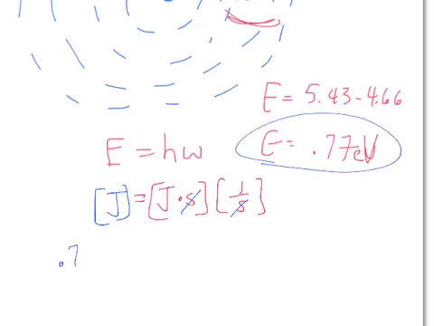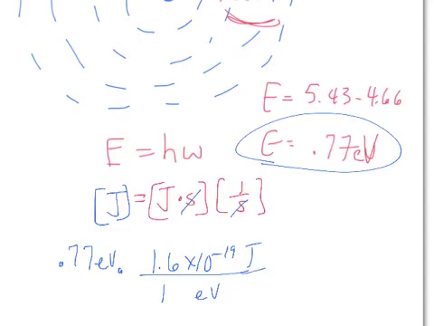So we have 0.77 electron volts, and we'll multiply that times our conversion factor in this problem, which tells us that 1 electron volt is equivalent to 1.6 times 10 to the negative 19 joules. The same number, not the same units though, as the elementary charge of 1.6 times 10 to the negative 19 coulombs.